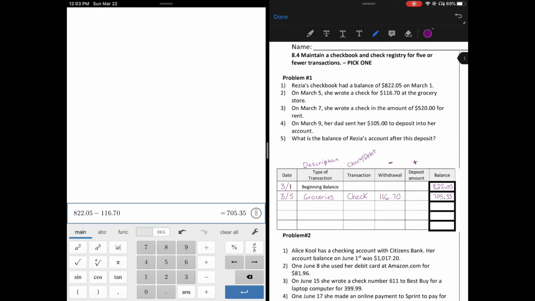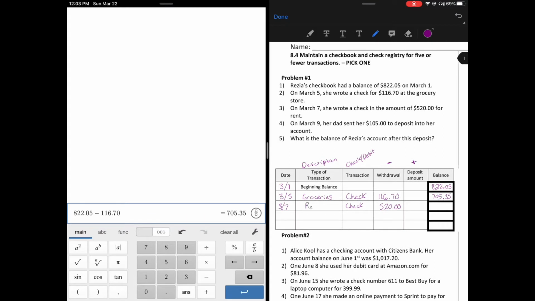So on March 7th, so 3/7, she wrote a check, an amount of $520, so that's what she spent for rent. So to find our new balance, once again, we take the previous balance and we subtract that withdrawal. And we get $185.35. And then on March 9th, so 3/9, her dad sent her $105 to deposit into her account.